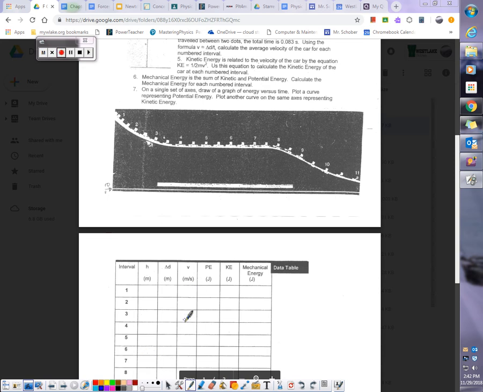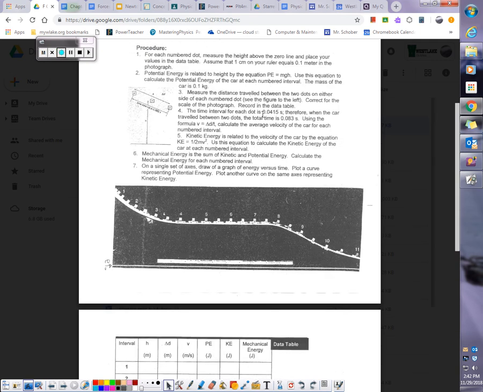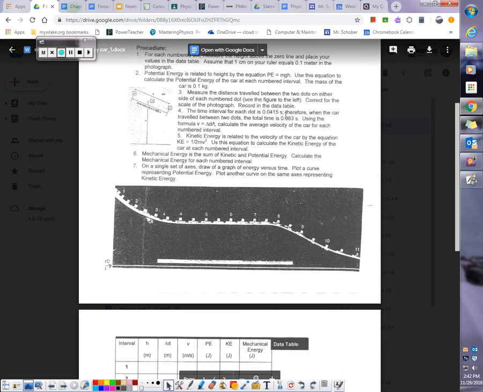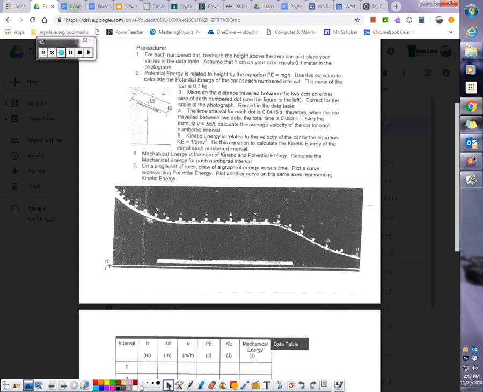The next column is velocity. Since the time interval between each dot is the same, you are going to divide the numbers in your delta D column by the total amount of time between those two dots. If you look up here to the instructions, the time interval between each dot is 0.0415 seconds. But we need the time between two dots because that's the distance that we measured.